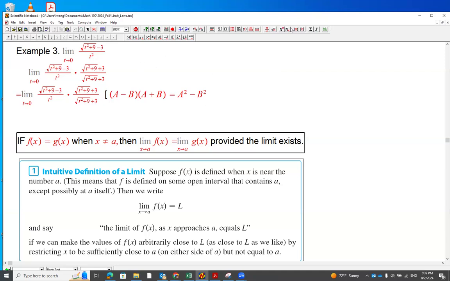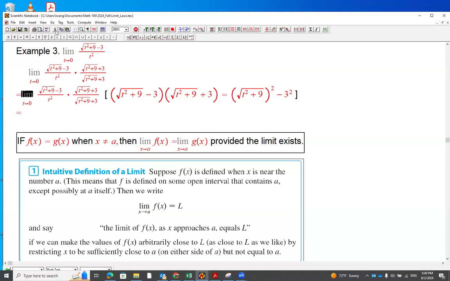In our situation, the a is the square root of t squared plus 9, and the b is 3. According to this formula, this is going to equal the square root of t squared plus 9 squared, minus 3 squared.